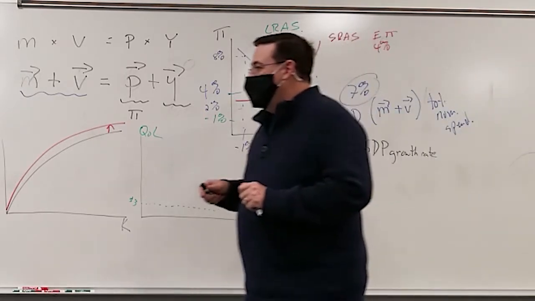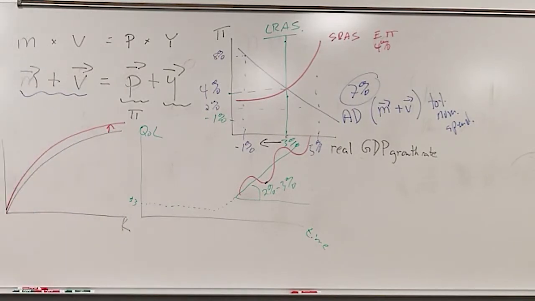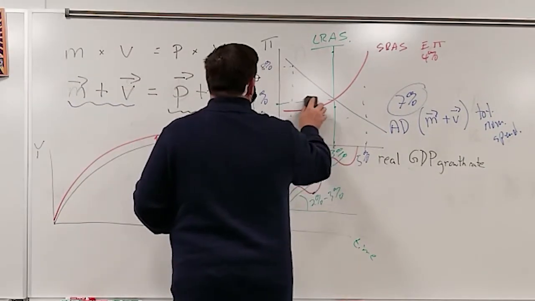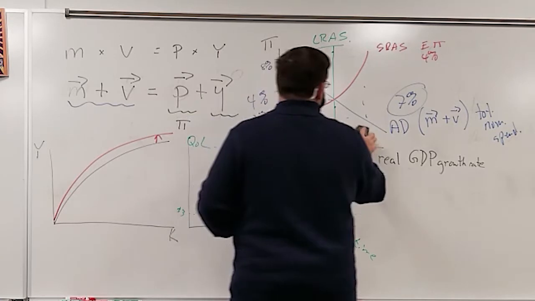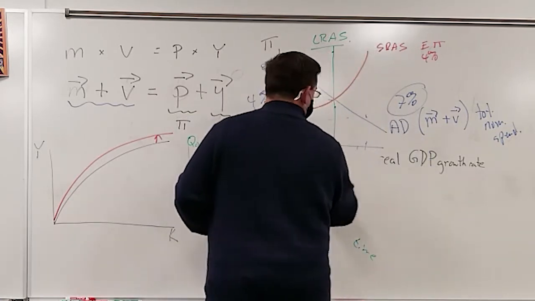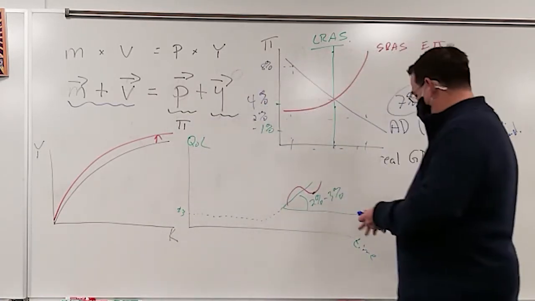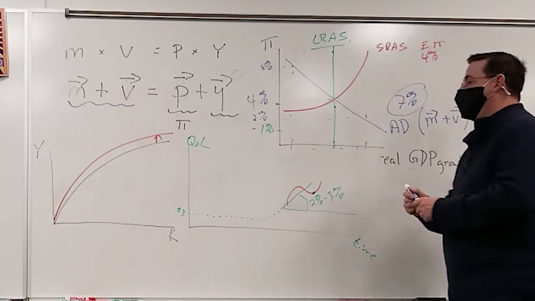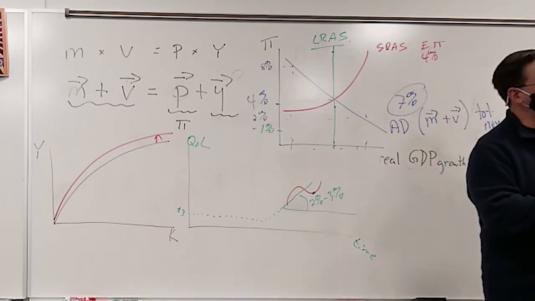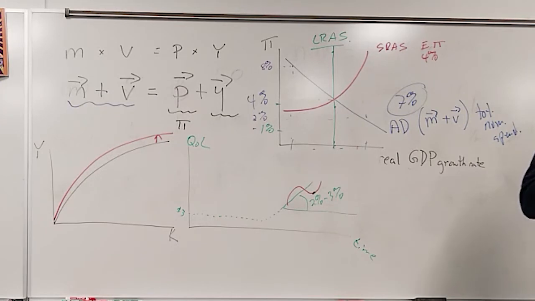So, we have two big schools of thought. Suppose, for whatever reason, the economy is not in equilibrium. Let's suppose that the economy is not in equilibrium because of a decrease in aggregate demand.